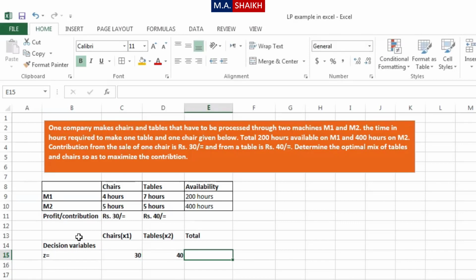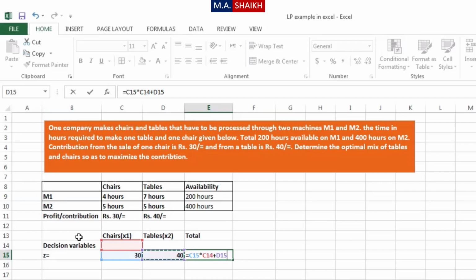So Z is equal to profit on one chair, 30, multiplied by the total number of chairs, plus profit on one table, 40, multiplied by the number of tables.